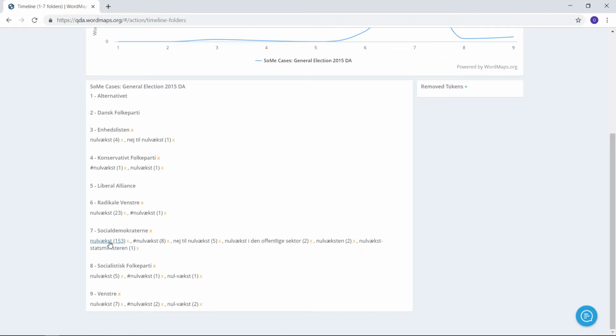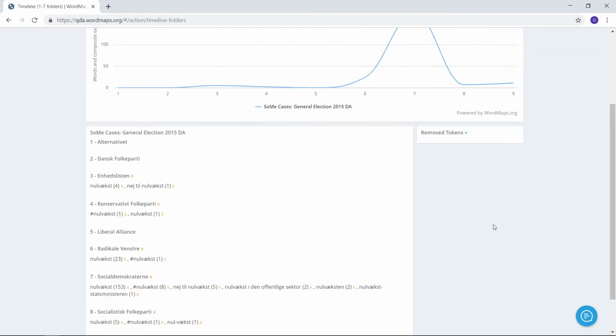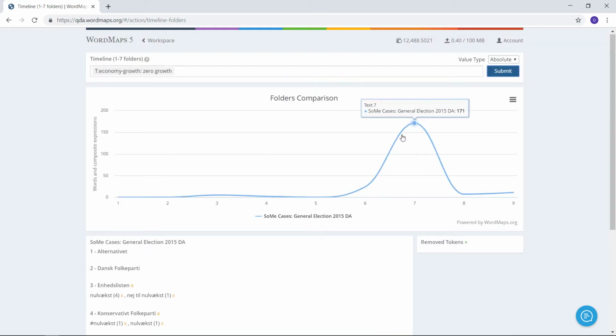They have a total of more than 150 mentions of zero growth, including this hashtag here. So apparently this is a really important part of at least the behavior, and perhaps even the structure of the strategy that the Social Democrats launched in this campaign.